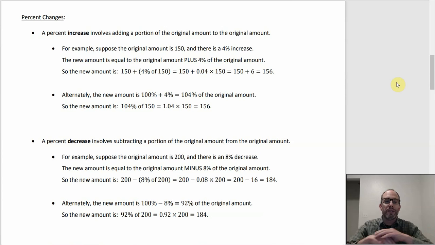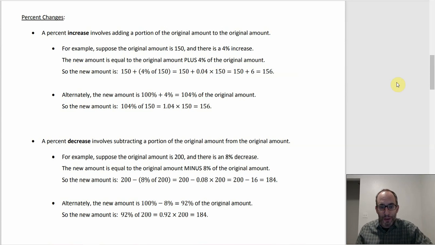Like it says there, a percent increase involves adding a portion of the original amount to itself.